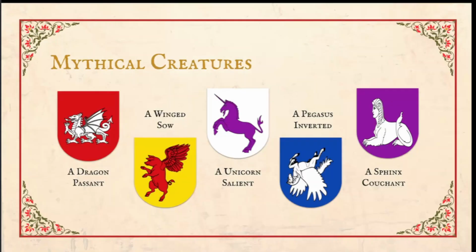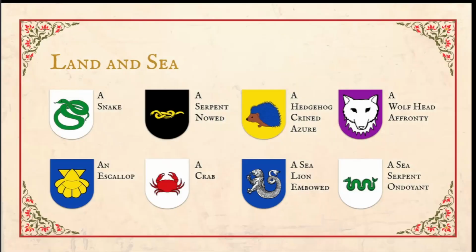If someone has ever told you you would do something when pigs fly, the winged sow is a medieval concept. So you can absolutely have arms that depict when pigs fly. Leaping forward, that's salient. The unicorn, very common. If your Pegasus got lost in a storm and flipped upside down, you can do that. It's called inverted. Or the Sphinx is a common medieval creature on your arms as well, and that guy is kind of just chilling. He's couchant.